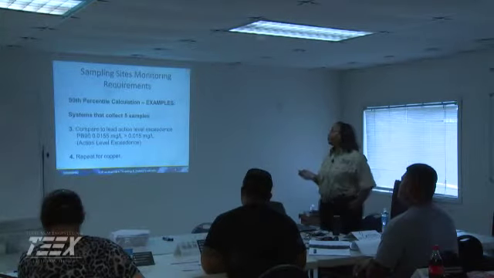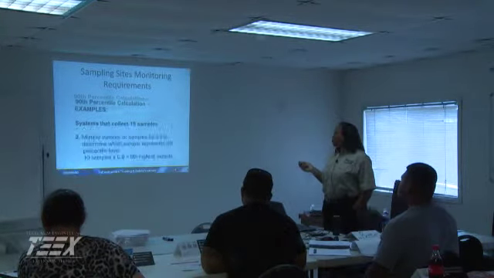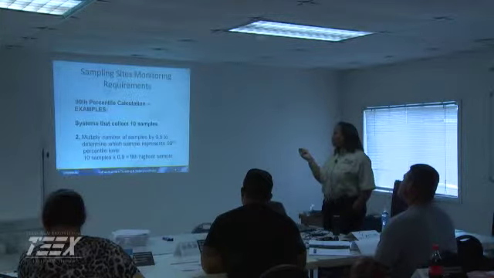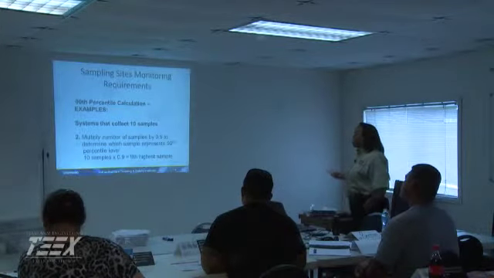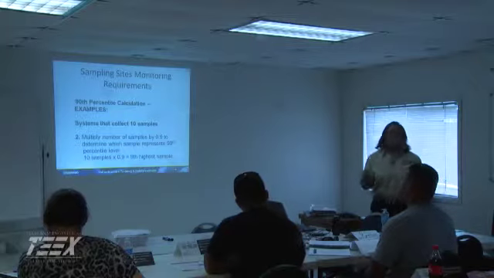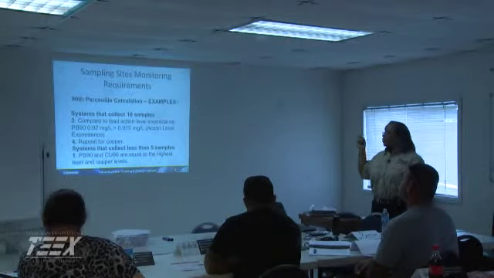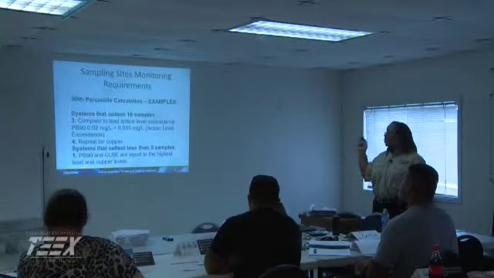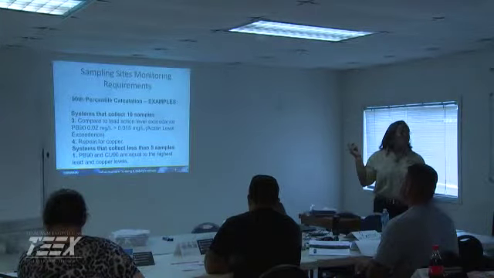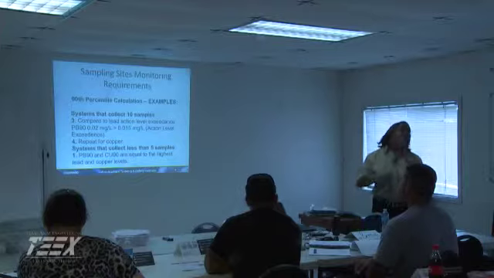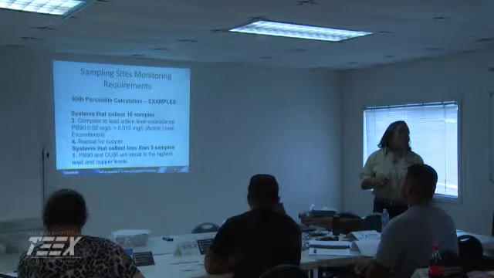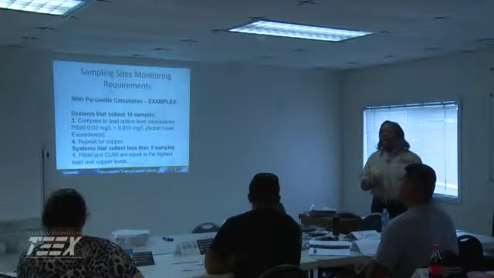Okay? The 10 samples works the same way. And this, the ninth highest was my action level, which was 0.02, if you remember it. And of course, 0.02 exceeds the 0.015, so I have an exceedance here. If you had 20 samples, what would you do? 20 times 0.9 gives me 18, right?